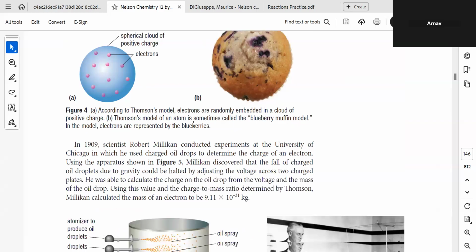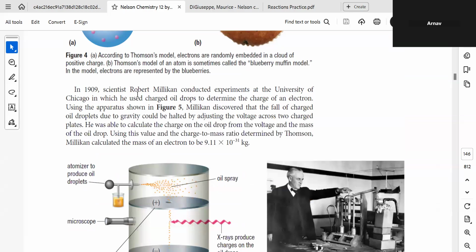Then let us go to the next scientist, Robert Millikan. What Robert Millikan did was he discovered the mass of the electron. Write that down. Who discovered that? Robert Millikan.